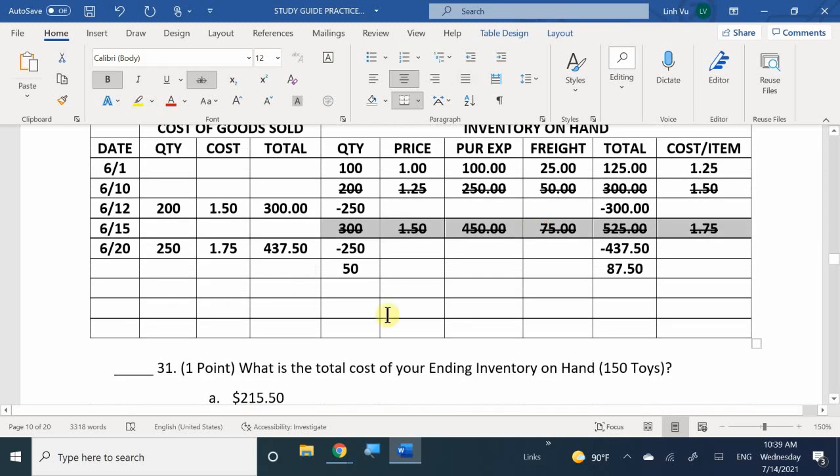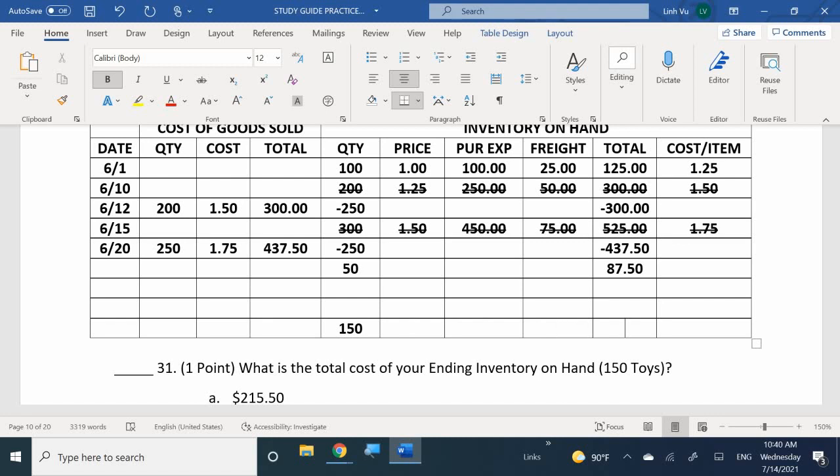We have 100 from the first batch plus 50 from the remaining batch. So we do have 150 at the end of the day. And the total cost here, what is 125 plus 87.50? 212.50.